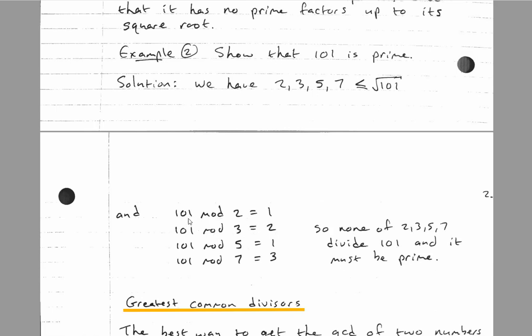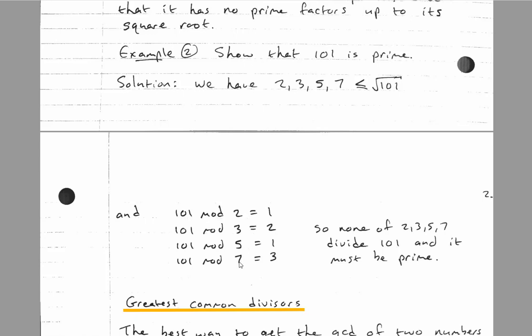Dividing 101 by 2, you get remainder 1, so 2 is not a factor. Dividing by 3, you get remainder 2. 3 goes into 101 33 times, remainder 2. Not a factor.